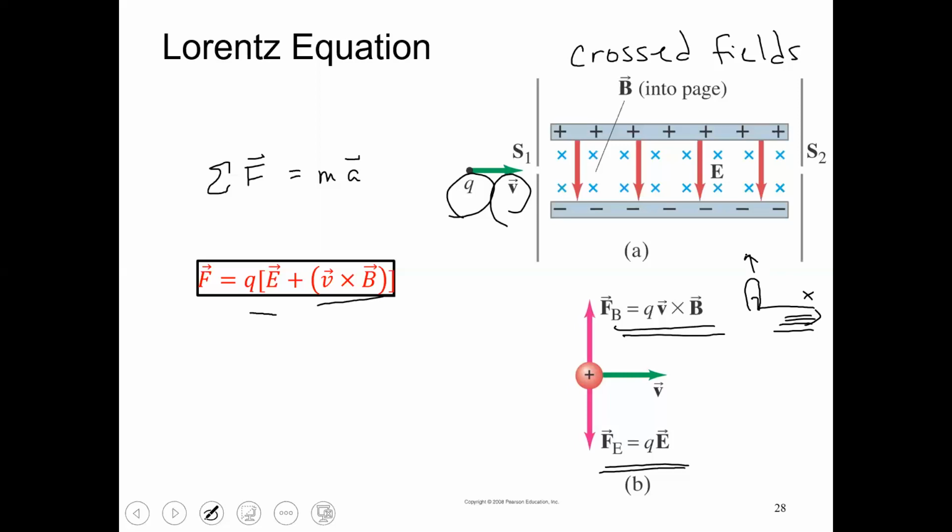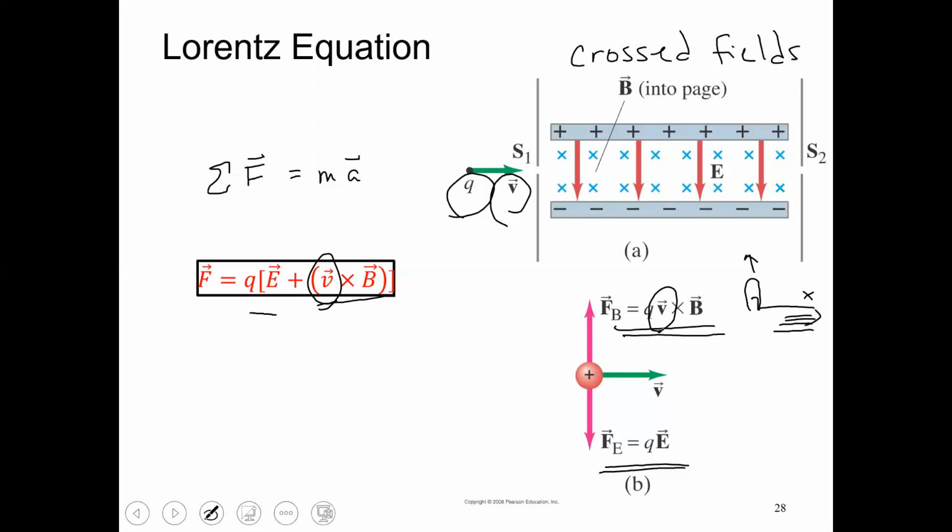Now, what's interesting about this charged particle is that depending on the speed it's going or the charge it holds, right? Speed is probably the easiest thing to change. So depending on the speed it's going, that force could balance out, or it could cause our particle, if v is too strong, to be deflected upwards, or if v is too slow, to be deflected downwards.